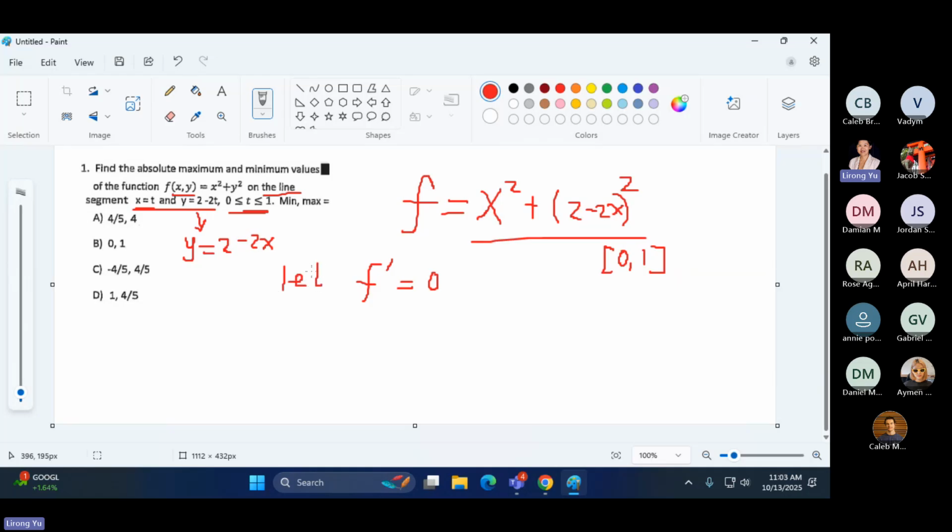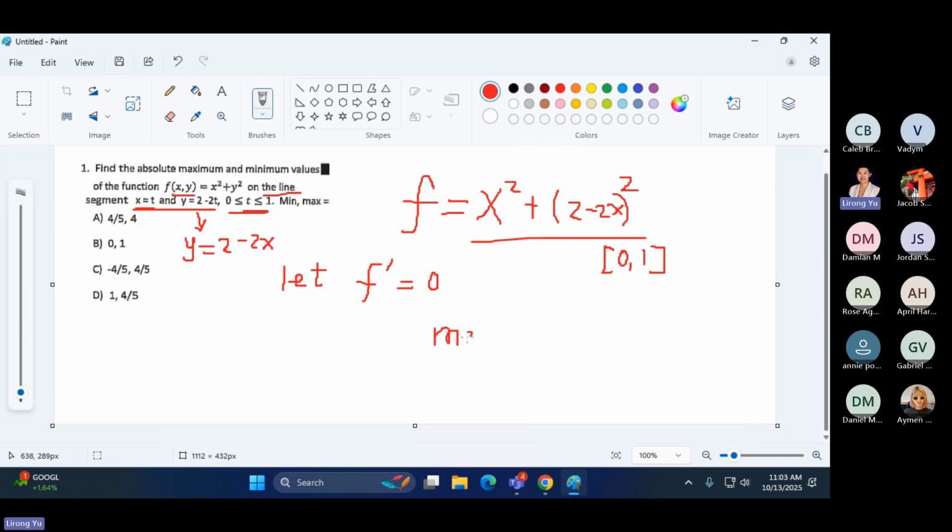That will allow you to find the x value, depending on whether the x value is in the interval or not. So we can look at max and min. In general, the method for determining the max and min is eventually based on comparison of the function values. You can have a list of the x values, and you calculate the y value for every x value on the list.